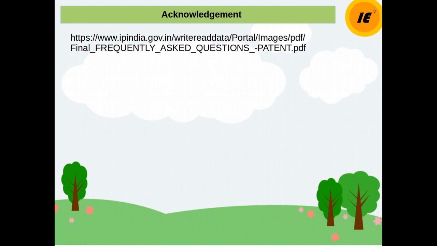And mind you, this is a 2020 document, so a lot of changes may have been made, and maybe the timelines I discussed have been rescheduled, or maybe they have made the processing faster, who knows. So we will know about those things in later videos.